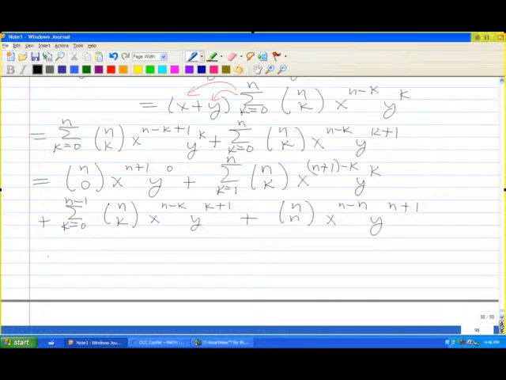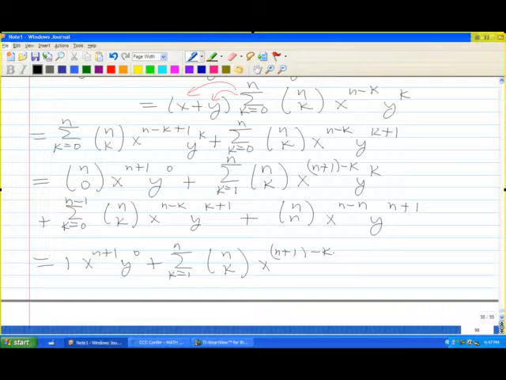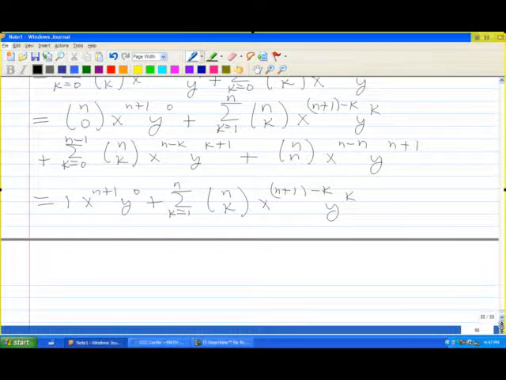And so this is equal to n choose 0 is just 1, x to the n plus 1, y to the 0, plus this sum here, sum k equaling 1 to n of n choose k, x to the n plus 1 minus k, y to the k, plus, now I'm going to let r equal k plus 1.